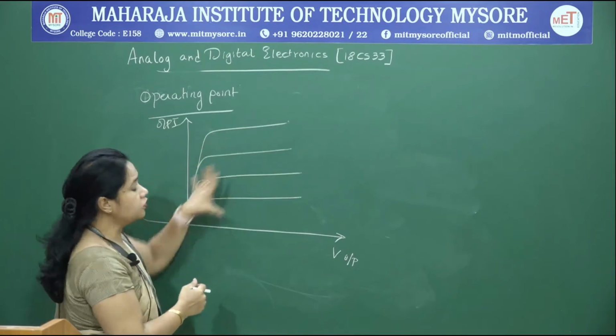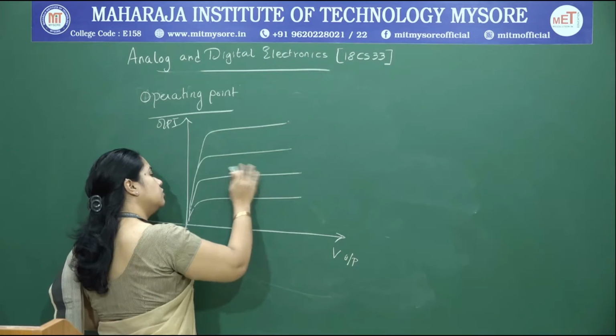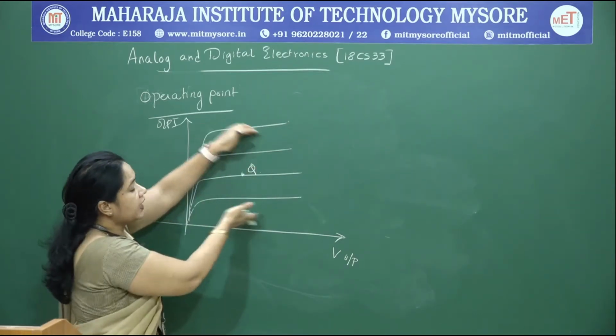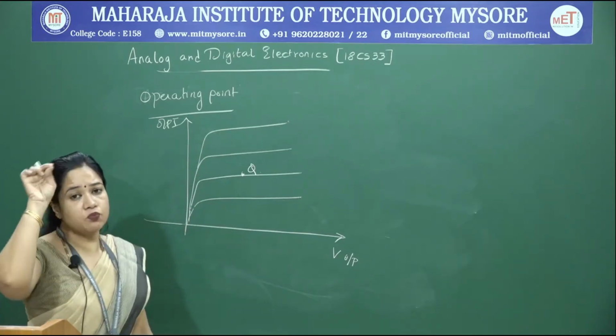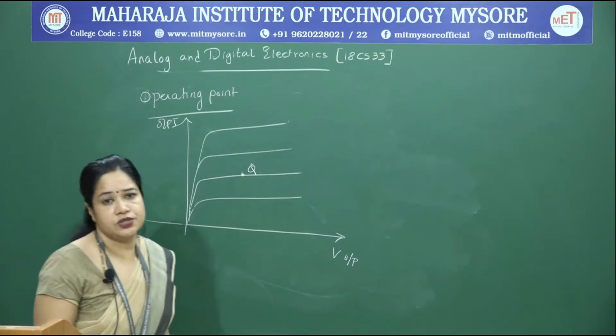So, now I need to decide which operating point Q gives faithful amplification. In the entire active region, I need to determine one operating point for which faithful amplification is done.